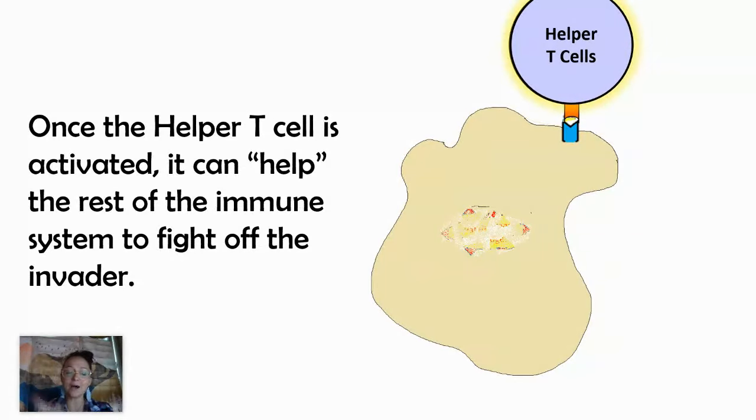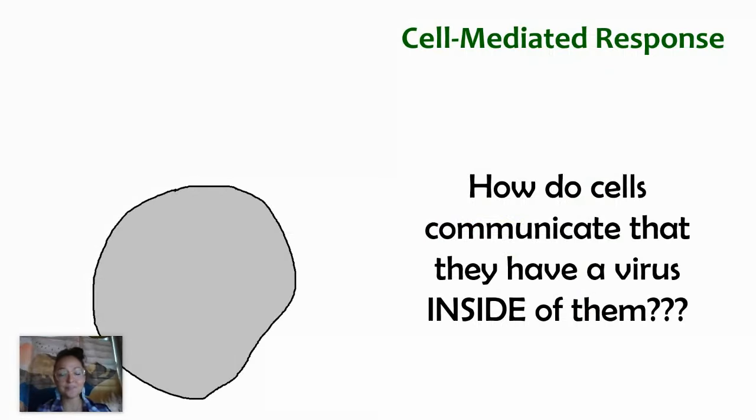So now once that helper T cell is activated, it can go and help other parts of the immune system. So, for example, let's go ahead and look at how that helper T cell communicates with other parts of the immune system, and some more examples of cell-to-cell contact. So here, let's pretend that a cell gets infected with a virus.